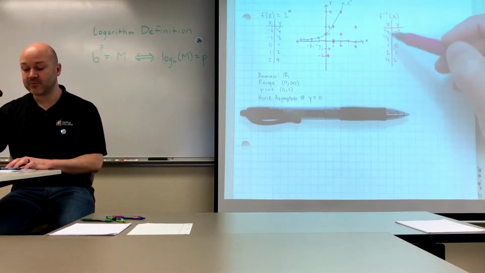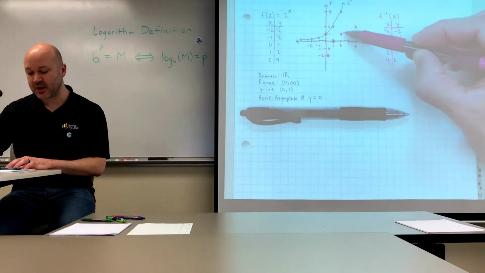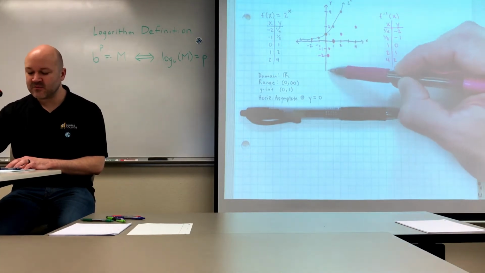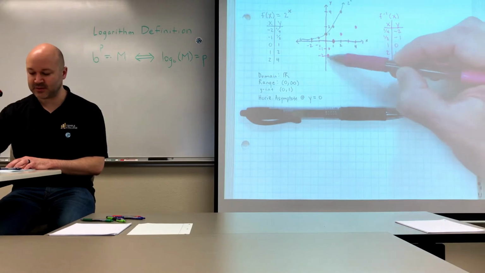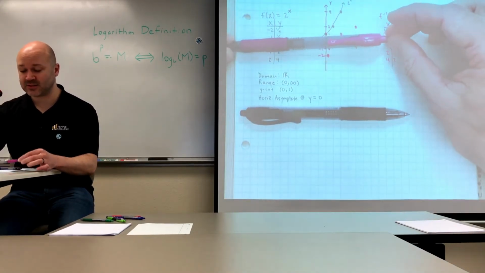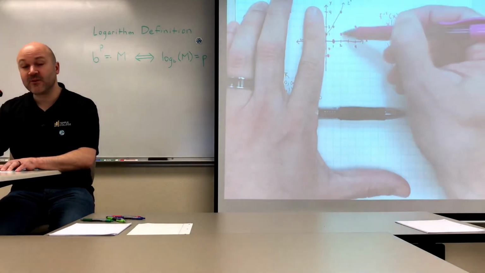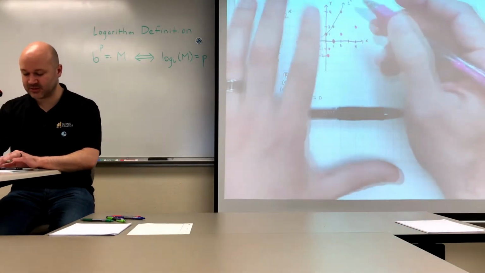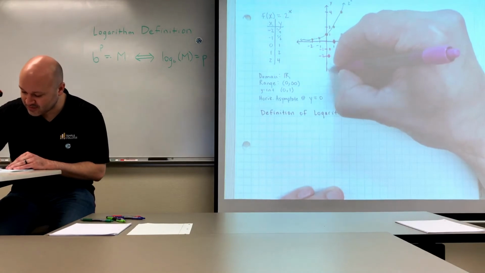And hopefully with these points, you can start to see the shape of this inverse function of the exponentials. Instead of having a horizontal asymptote at y equals 0, we now have a vertical asymptote at x equals 0. Let's see if I can graph it the best I can.